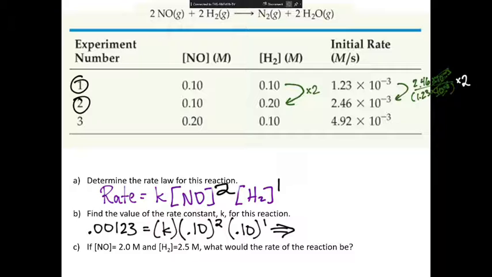Okay, let's solve that for K. I'll do the right side first. Again, I'll do that on the board down below. 0.1 squared times 0.1. 0.001.